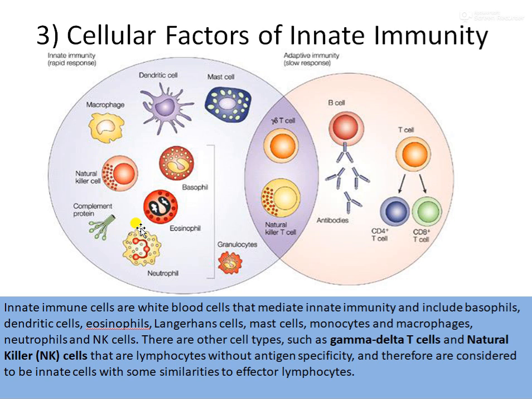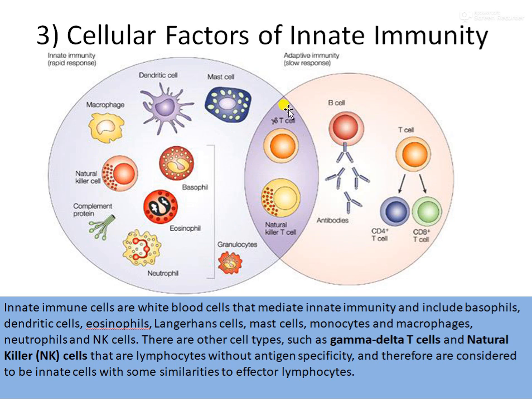And you can see that other cells, like the Langerhans cells and the mast cells, also contribute towards innate immunity. And there are some cells called the natural killer cells, as well as the gamma delta T cells, which could also be considered members of the innate immune system. Now this is a distinct figure which I have taken from Nature Reviews.